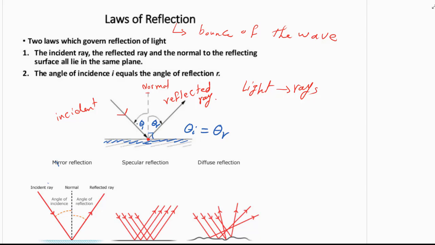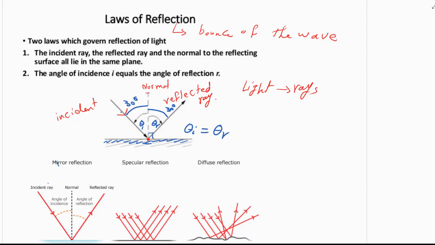The incident angle is the angle between the normal and the incident ray. The reflected angle is the angle between the normal and the reflected ray. If this angle is 30 degrees, for example, the reflected angle must equal 30 degrees. So the incident angle equals the reflected angle in its value, or in its magnitude.